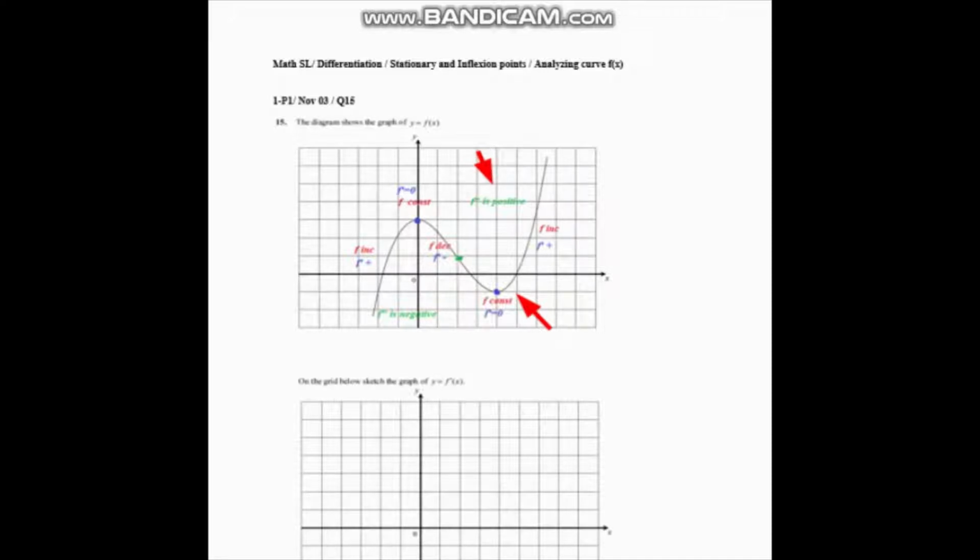And in scientific terms, we call a smiling curve concave up. So this part of the curve is concave up because it looks like a smiling face, and f double dash is positive. The left hand side of the curve is a frown. It's a frowning face, and hence we say that f double dash is negative.